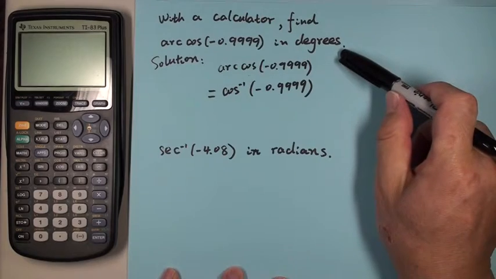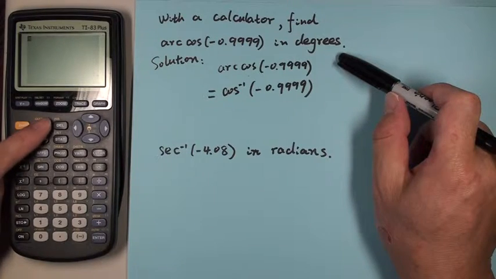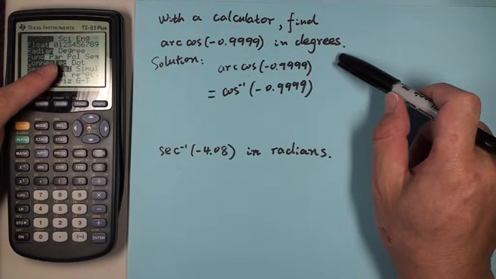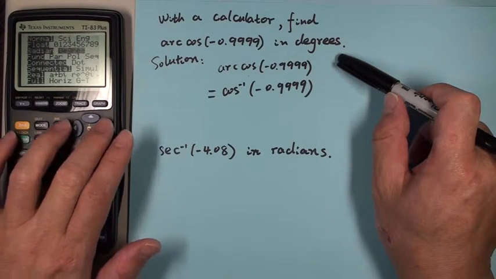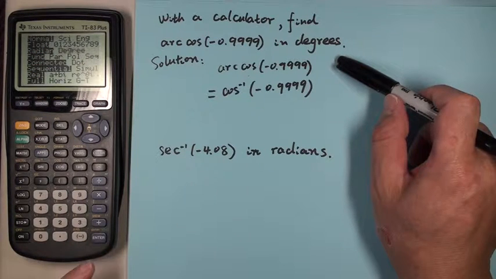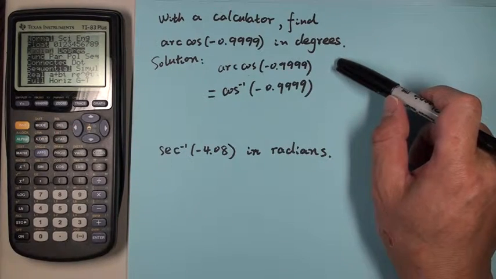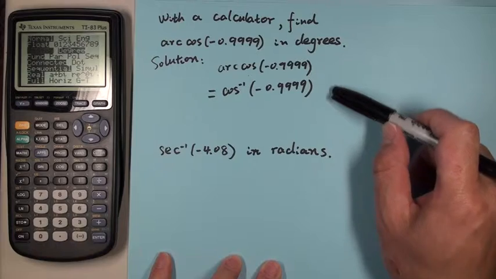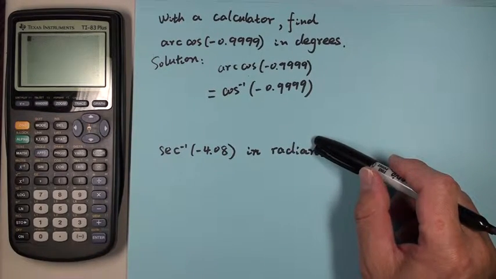Here you want degrees, so turn on your calculator, clear the math. Make sure it's in degree. Here it is not in degree, so highlight that, move the cursor right here, and hit enter. Then you will see degree is highlighted. Now go back, second, quit.